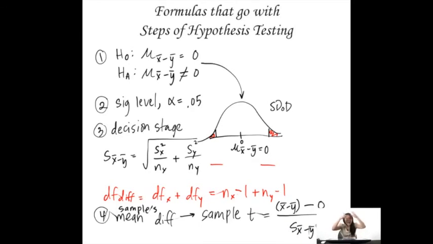And that will give you how many standard errors away our actual mean difference is from 0. And once you have this t value, and you have the degrees of freedom, then you could find the p value, and then you could reject or accept the null hypothesis. Reject or do not reject. That's really the technical idea there.